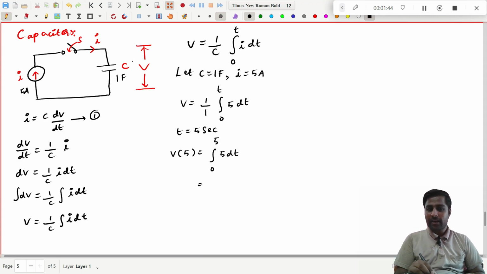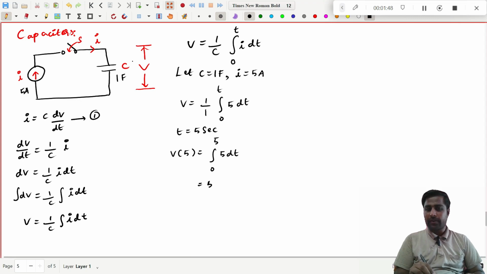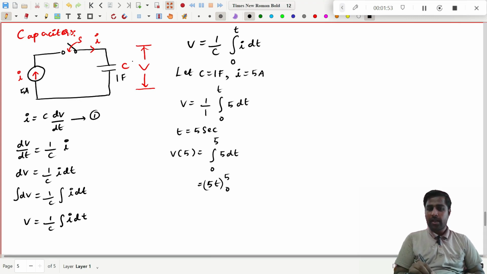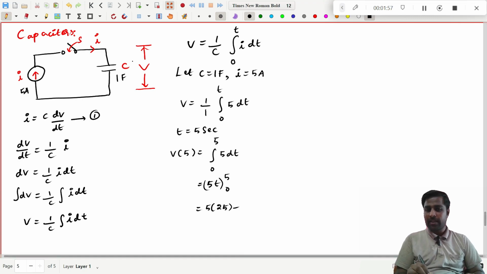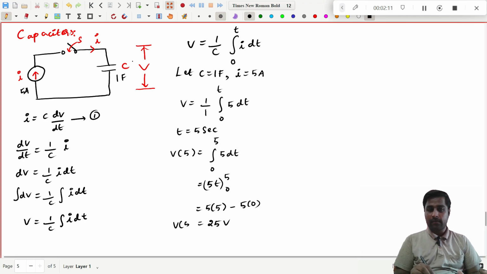What you will get? 5 constant integration you will get 5t, and what is the limit? 0 to 5, and what you will get? 5 into 5 minus 5 into 0, and you will get 25 volt, and this is the V of 5.